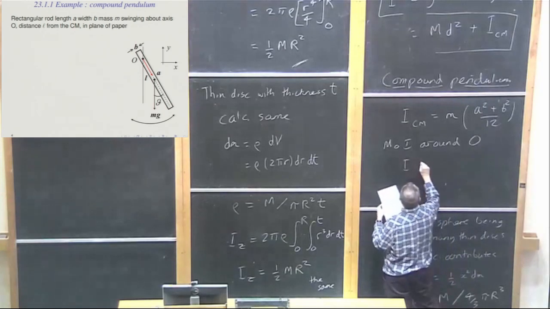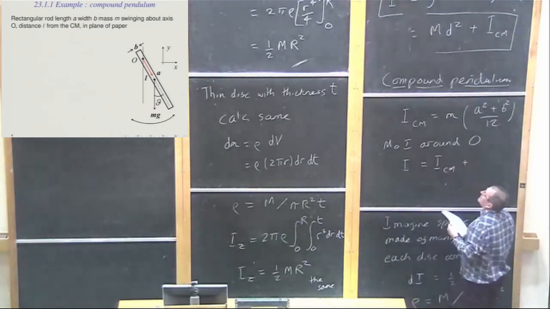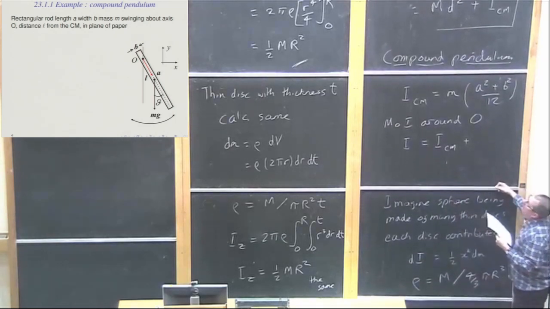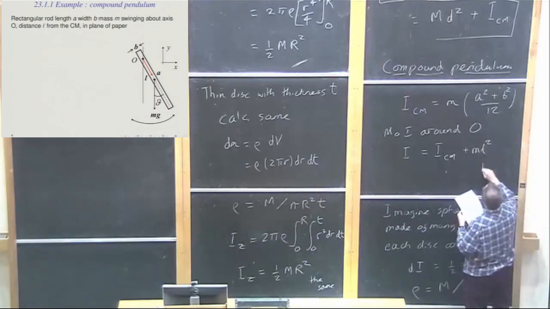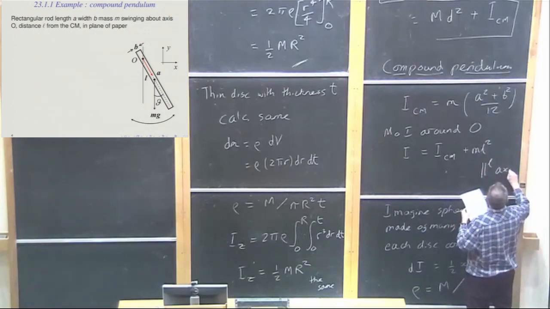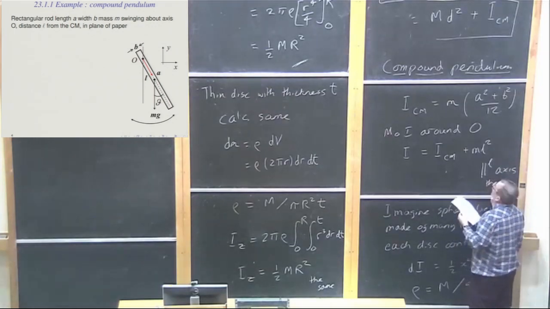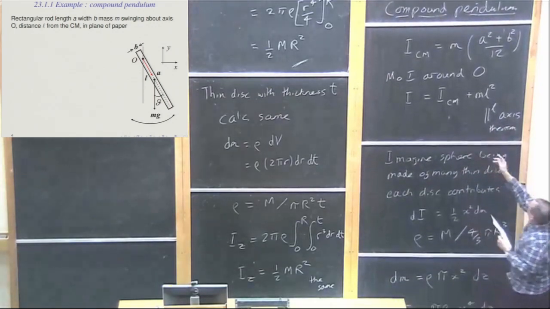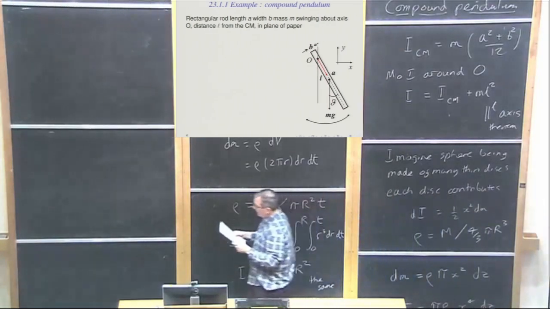So I is equal to I_CM plus the mass times the distance squared between those axes, so that's m l squared. So this is the parallel axis theorem. I won't write down that expression yet, but just note that we know what that is.